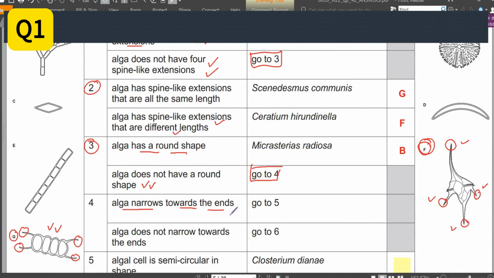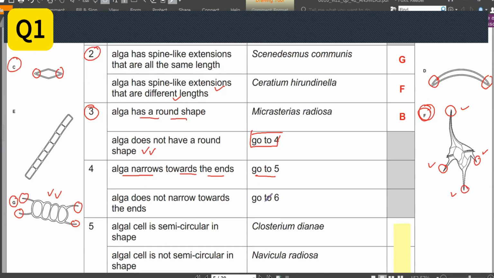So we have 2 candidates here. C has narrow ends, as well as the desmid, which has narrow ends. Going to 5. Alga cell is semicircular.